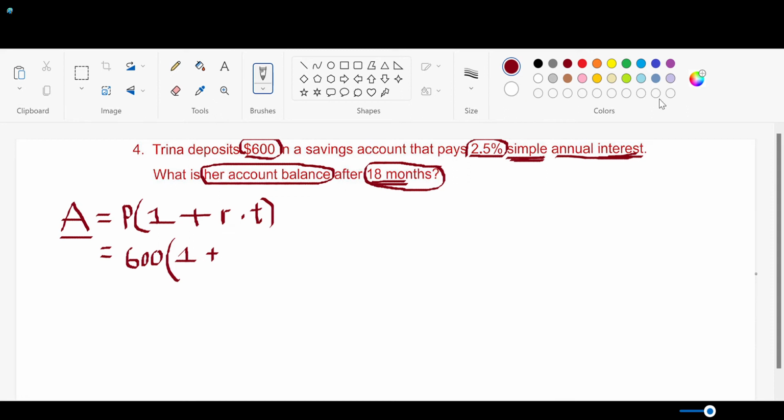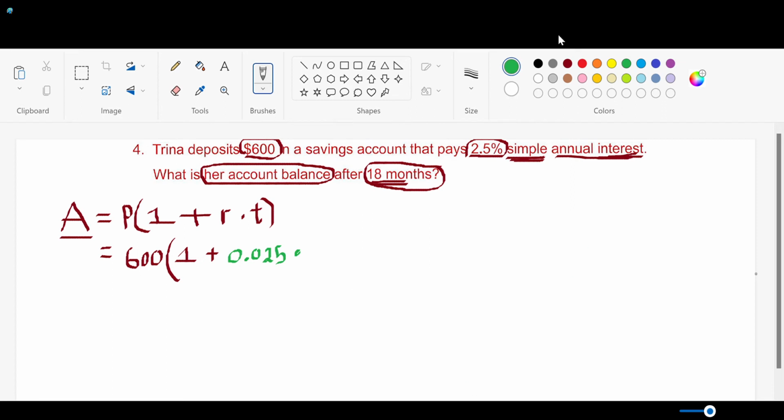If you're not 100% sure yet, all you have to do is take 2.5 divided by 100, and that will give you 0.025. So make sure you change 2.5 to 0.025. I'm changing the percent into a decimal. Okay, 0.025, multiplied times 18 months.